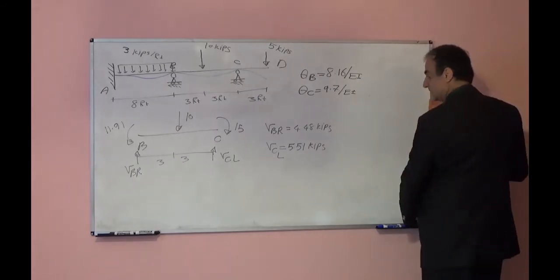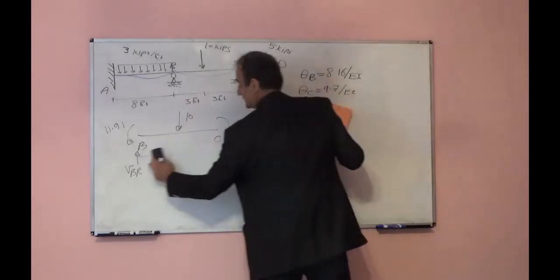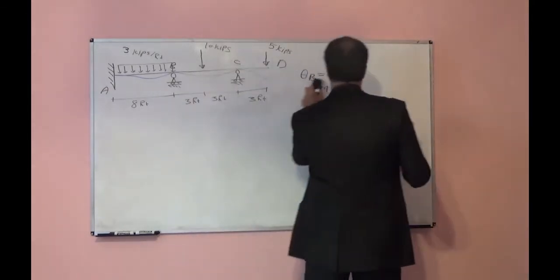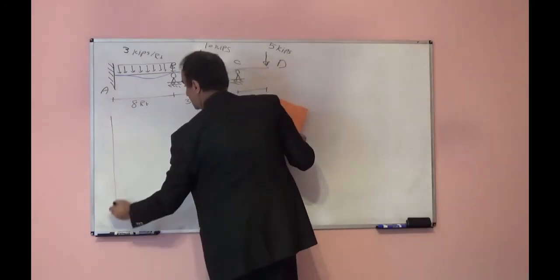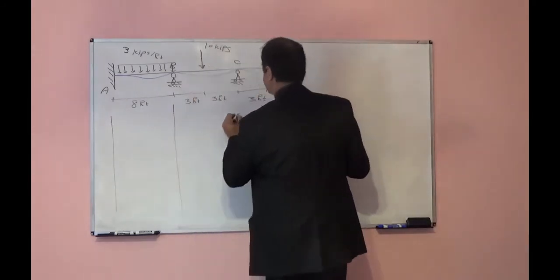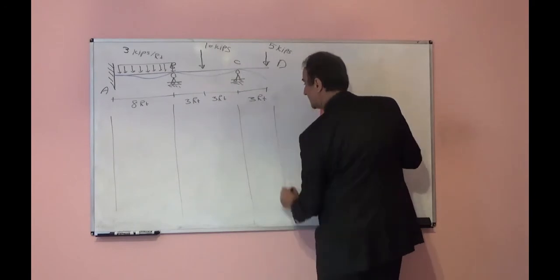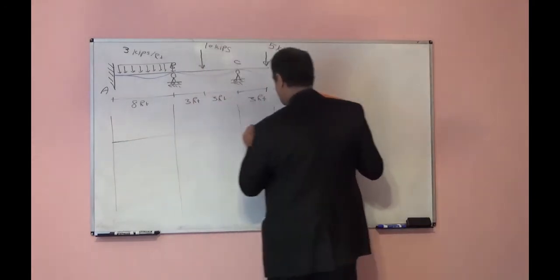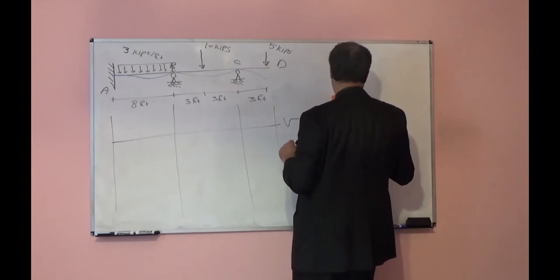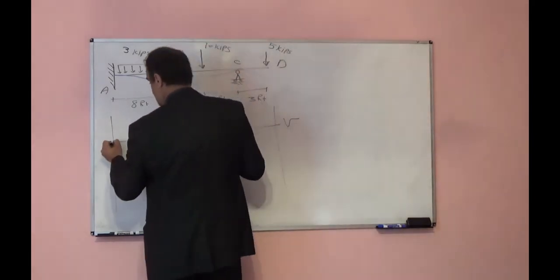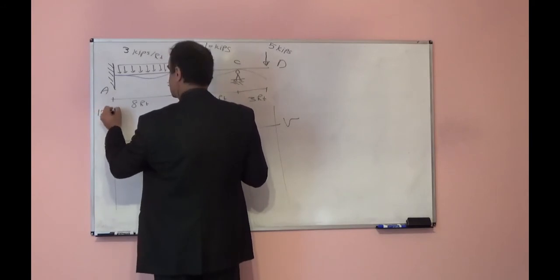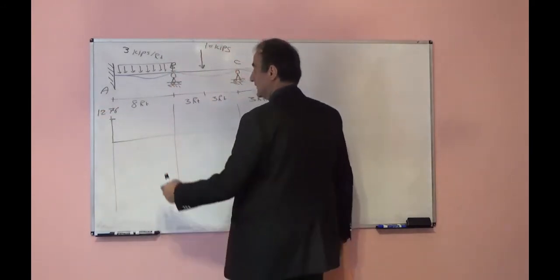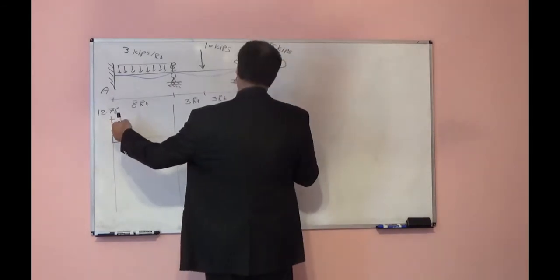If I do that, this is shear diagram. As much as reaction, I will move up. So I will go up 12.76, VA. We find that we will move down with constant slope.